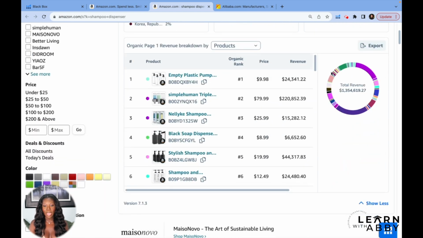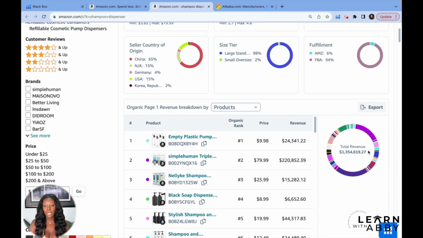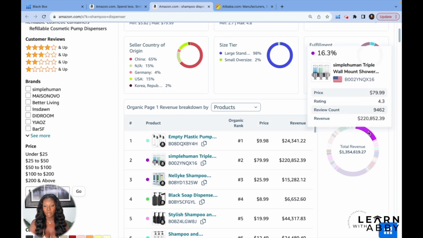I like that it gives you the revenue breakdown by product. You can see which products are making the most money, and it gives you a nice little graph showing which listing is doing the majority of the numbers. This one, for example, has about a 16% market share of the revenue.